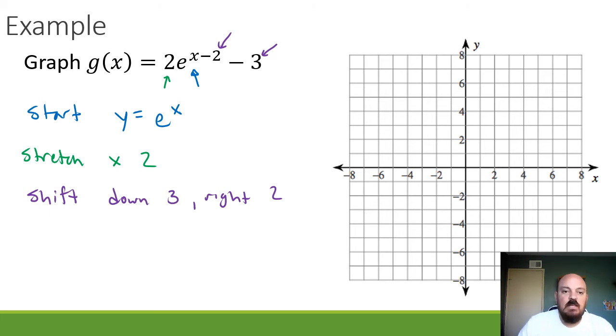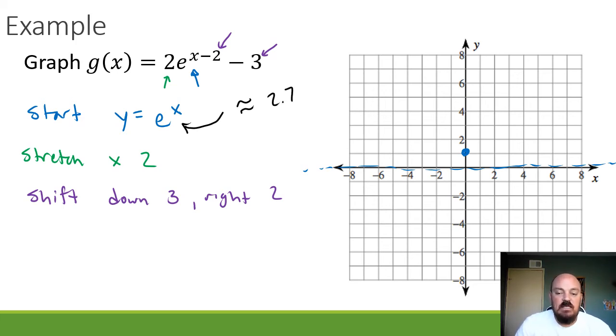So let's start with e to the x. It's an exponential. So remember, every exponential has the same 2 things. An asymptote at 0 and a point at 0, 1. Now, the second point for e to the x, remember, is about 2.7.